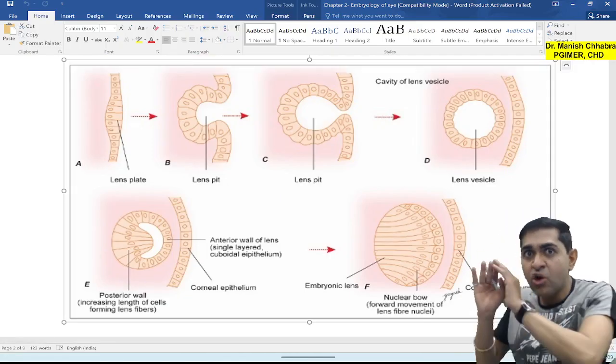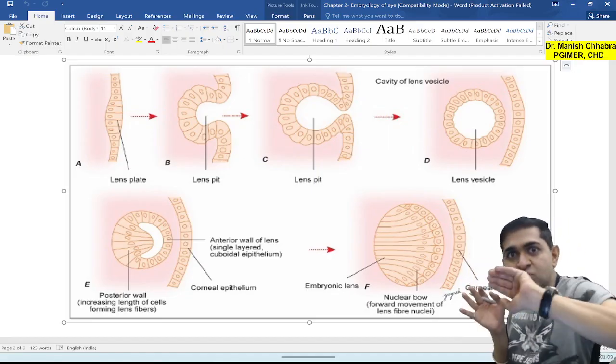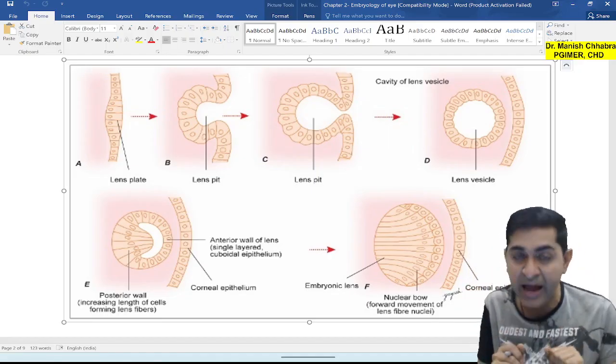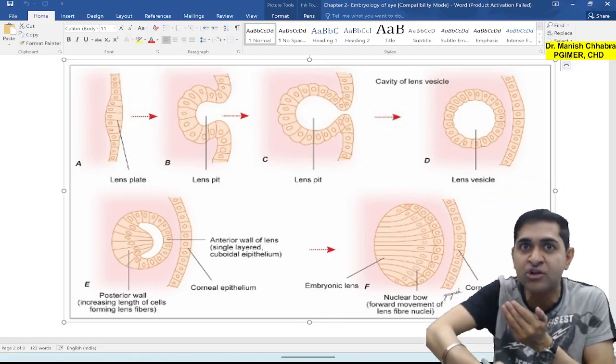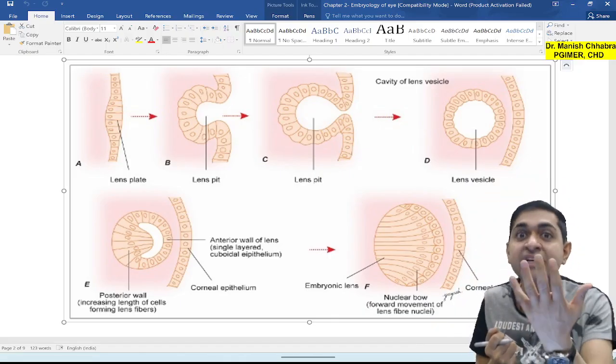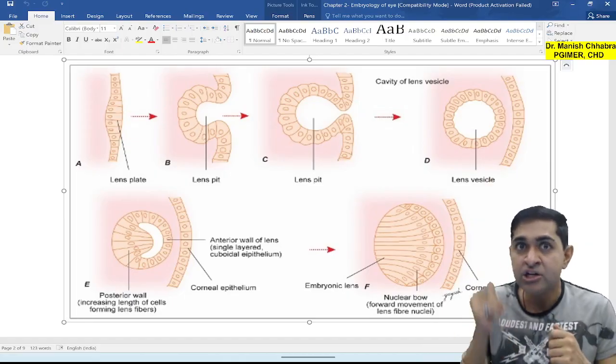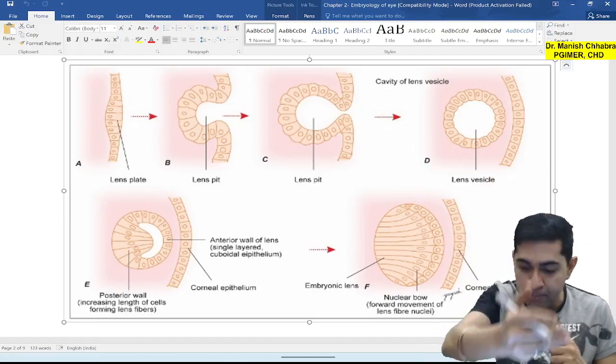Because they are getting stretched, the nucleus also moves from the posterior side to the anterior side, such that on the anterior side they form a bow-like structure. Bow, you understand? Bow and arrow. So they form a nuclear bow.